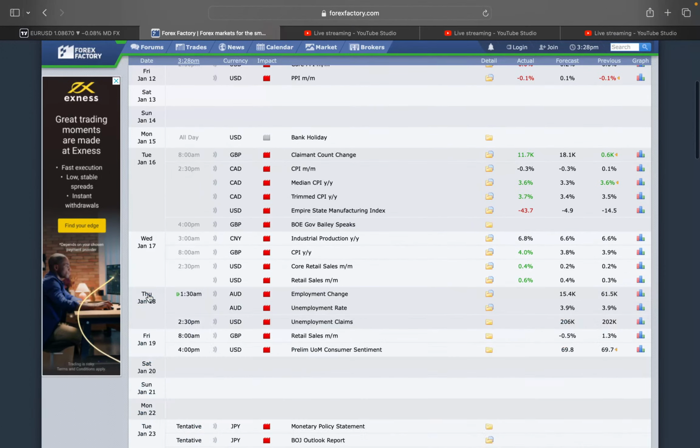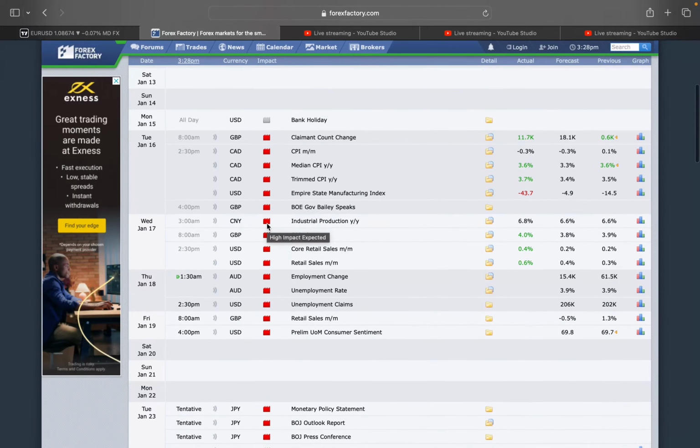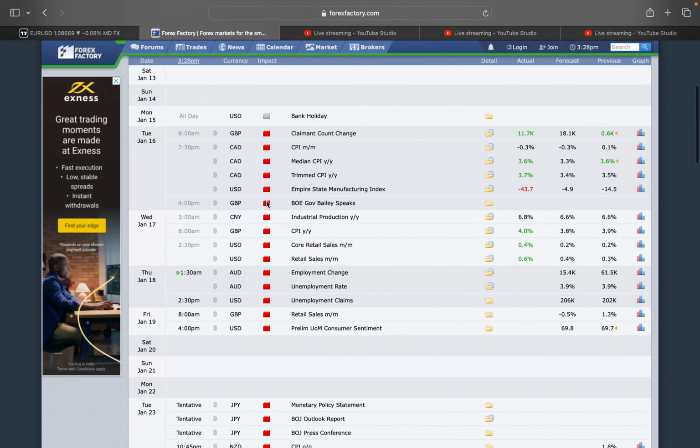So this week, what's happening? On Monday we had the bank holiday, which was untradeable. On Tuesday we had CPI for Canada, and the Governor of the Bank of England spoke.